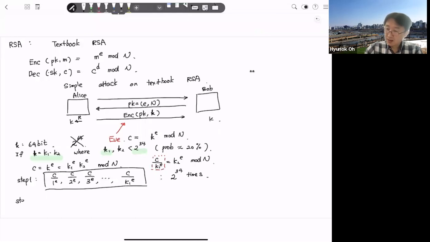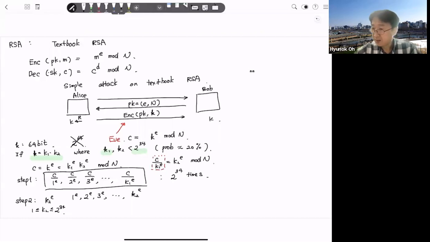After constructing it, Eve tries K2 to the E, where K2 is from 1 to 2 to the 34: 1 to the E, 2 to the E, 3 to the E, up to K2 to the E. Eve is testing whether each value is in the table.